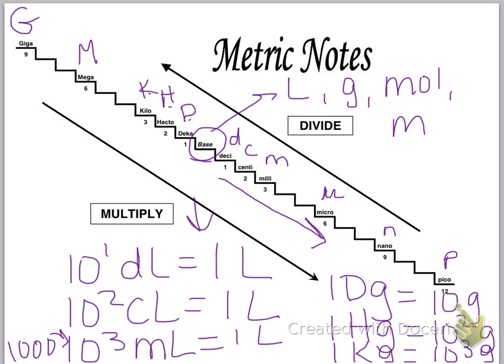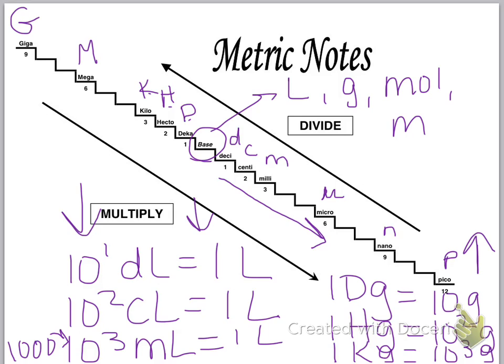Notice that the powers of 10 are going with the gram side because you're going up the stair step. So if you're going up the stair step, the power goes with the grams. If you're going down, it goes with the unit.